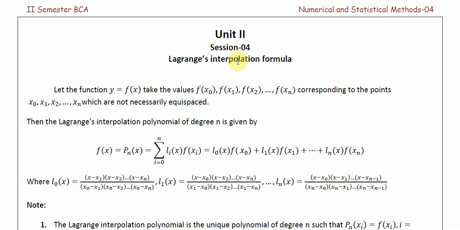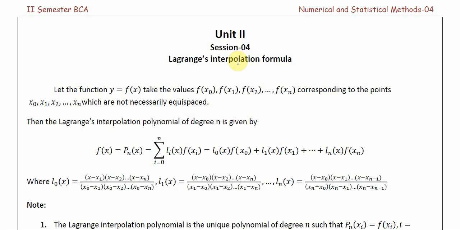Today's topic is Lagrange's interpolation formula. We have already done Newton's divided difference, Newton's forward difference, and Newton's backward difference interpolation formulas. Now how is this different? This and Newton's divided difference formula are used to interpolate functions in which the data points of x are not equally spaced.